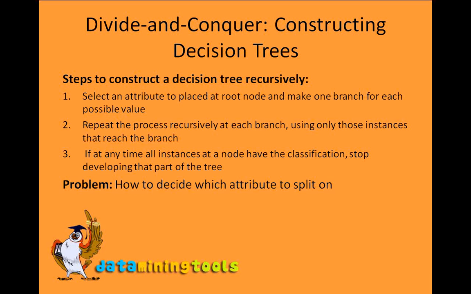The third step is, if at any time all the instances at a node have the same classification, we stop developing that part of the tree. So it's pretty simple, but the only problem is how do we decide which attribute to split on.